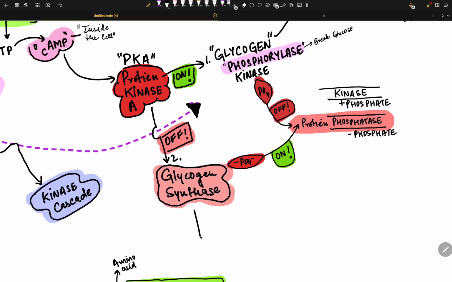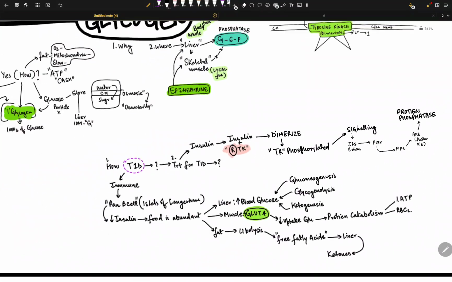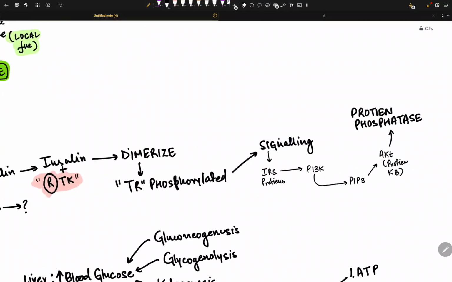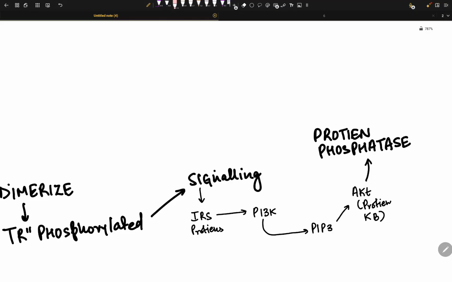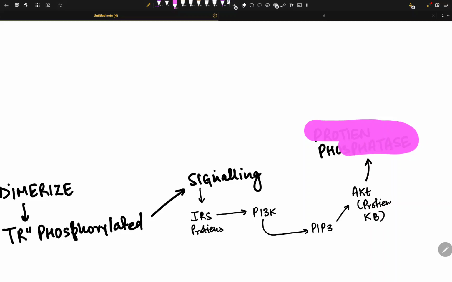Synthase makes glycogen, and glycogen phosphorylase kinase destroys it. So the main story is that all of this insulin signaling leads to protein phosphatase. That's the main game.